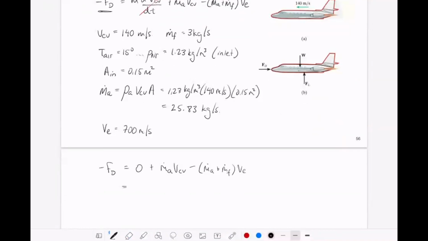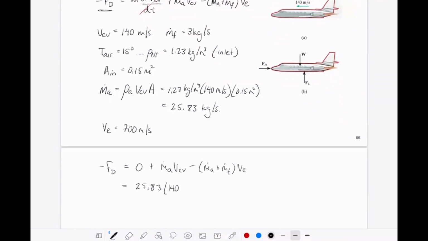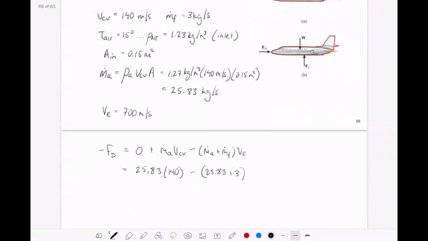So this is equal to mass flow rate of air, 25.83, times the velocity of the CV is 140 meters per second, minus 25.83 plus the burn rate of fuel, so 3 kilograms per second, times the exhaust, 700 meters per second.